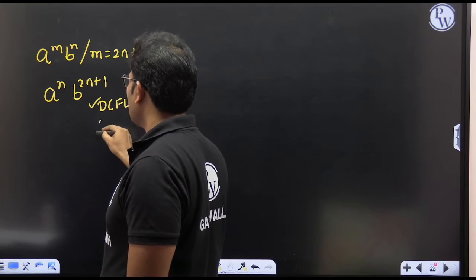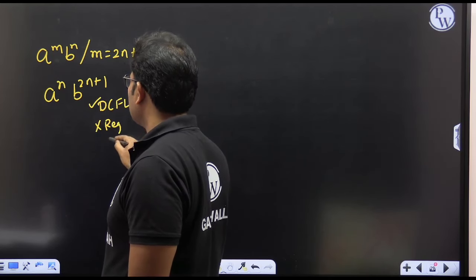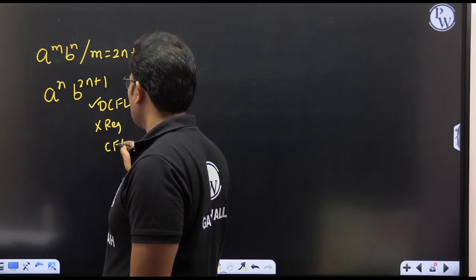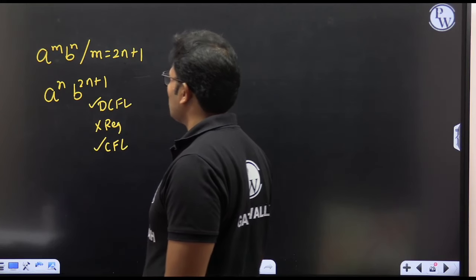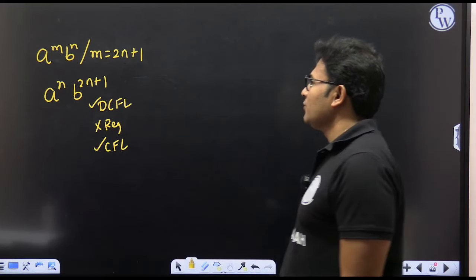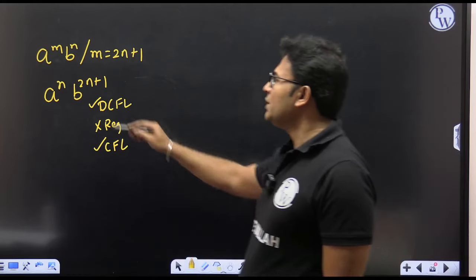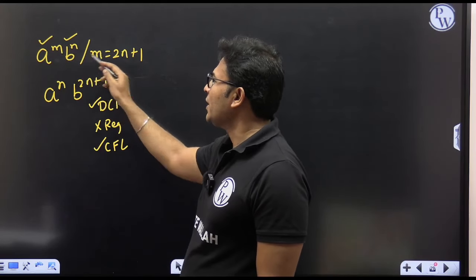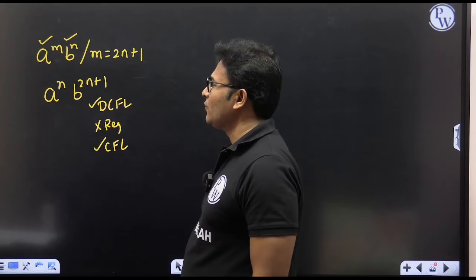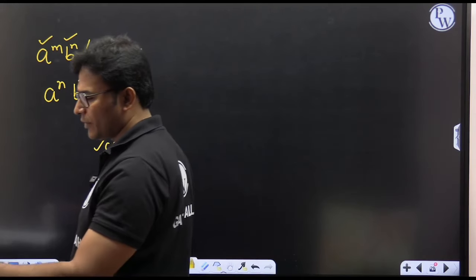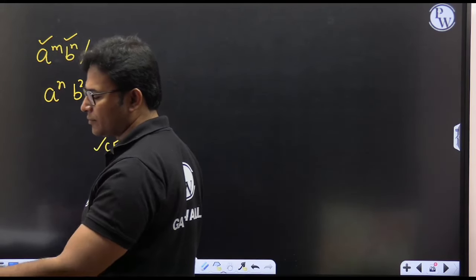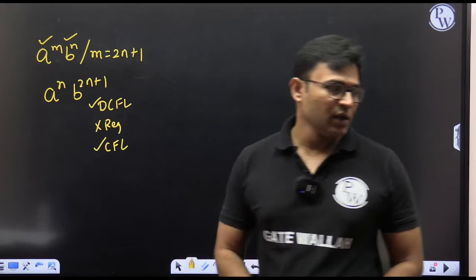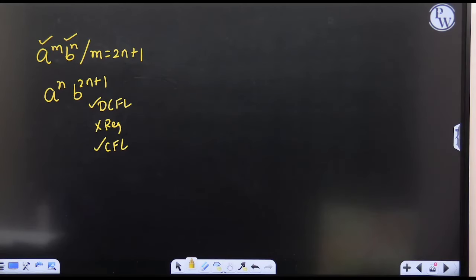This is definitely not regular. This is a context-free language also, right? For every a you push two a's, and for every b you pop one a, and finally one b should remain. We have done this model earlier.